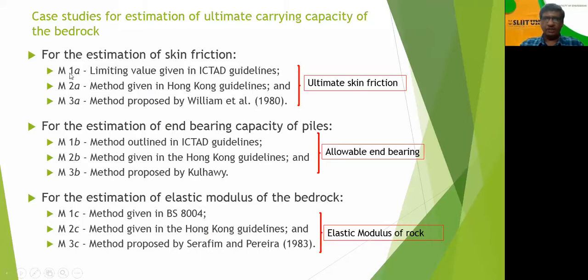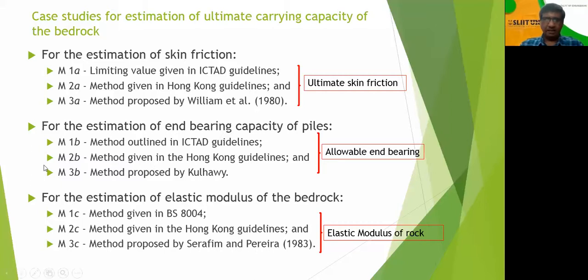So these are M1A, M2A, and M3A, and M1B, where you estimate the mobilized end bearing and compare that with the measured end bearing.